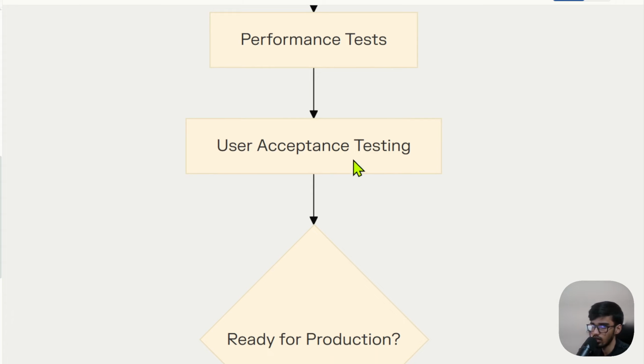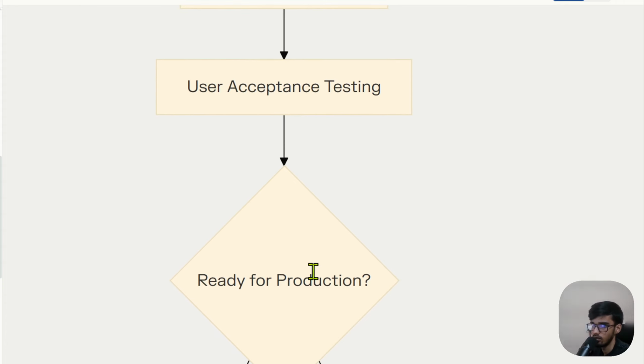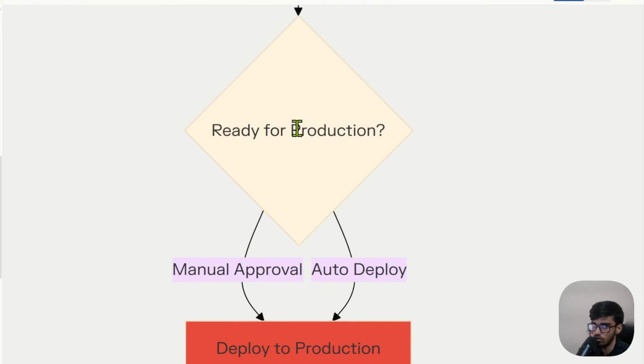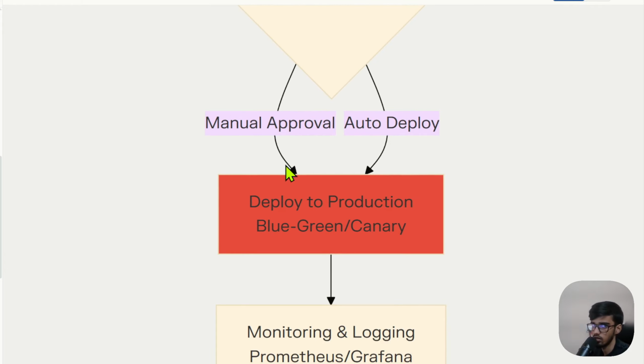Then they do the test on their own, testing all the features, and then they tell you that okay, this is fine, you can go ahead and deploy it in production. Then you get ready for production, and then you deploy it, right?